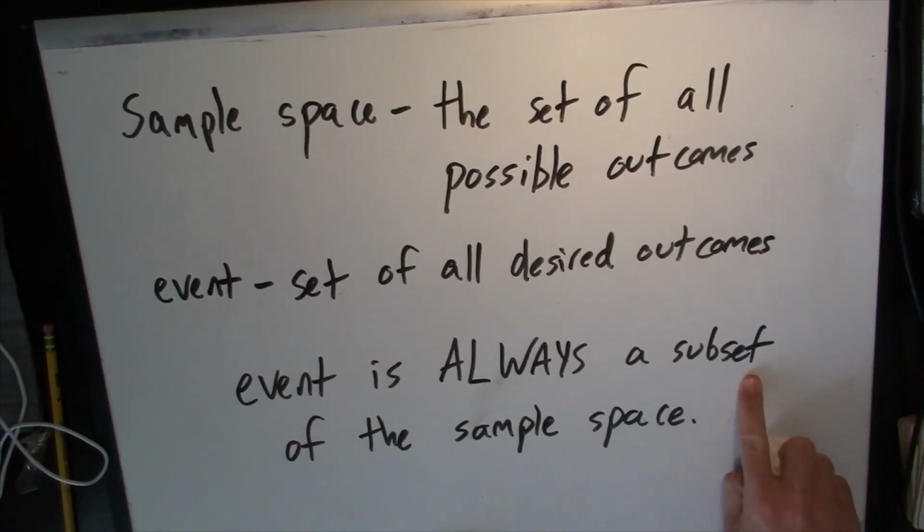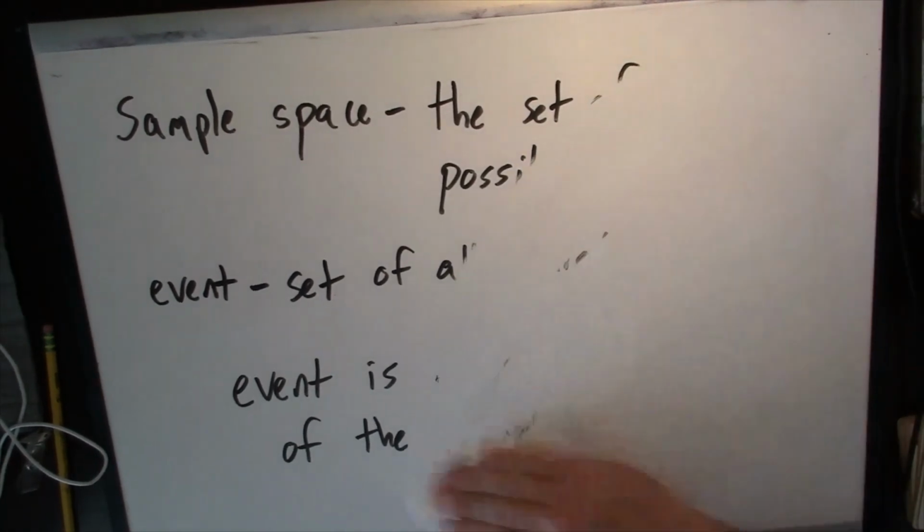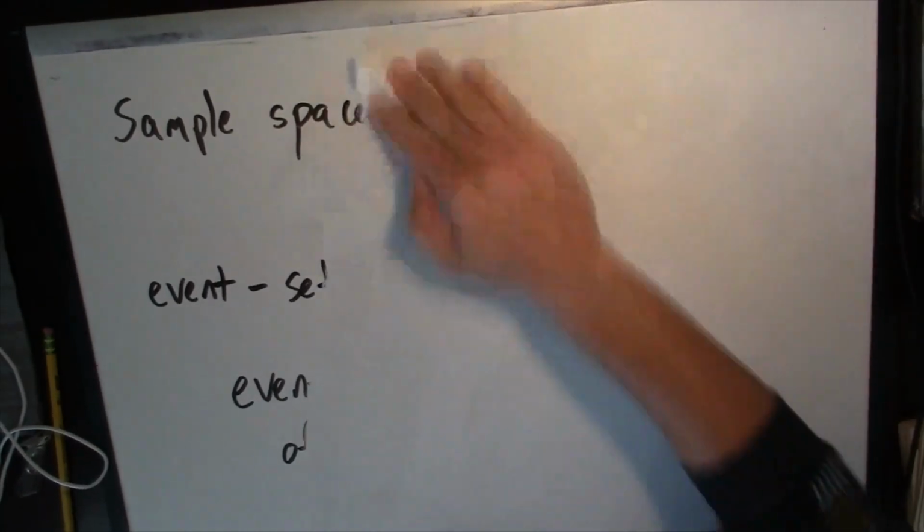Okay, I'm going to go back and talk about what a subset is just as a review, because there was one question that very few people got about subsets, so I want to make sure I cover that again. When we talk about a subset, I'm just going to put an example.